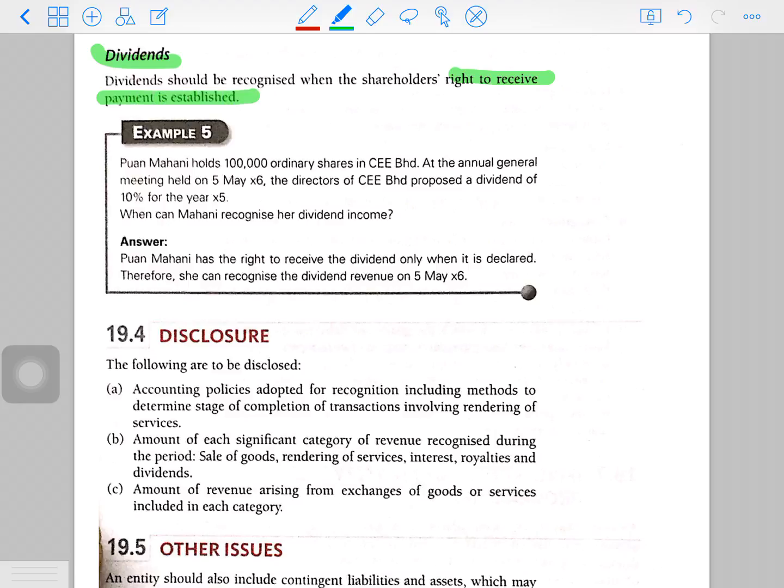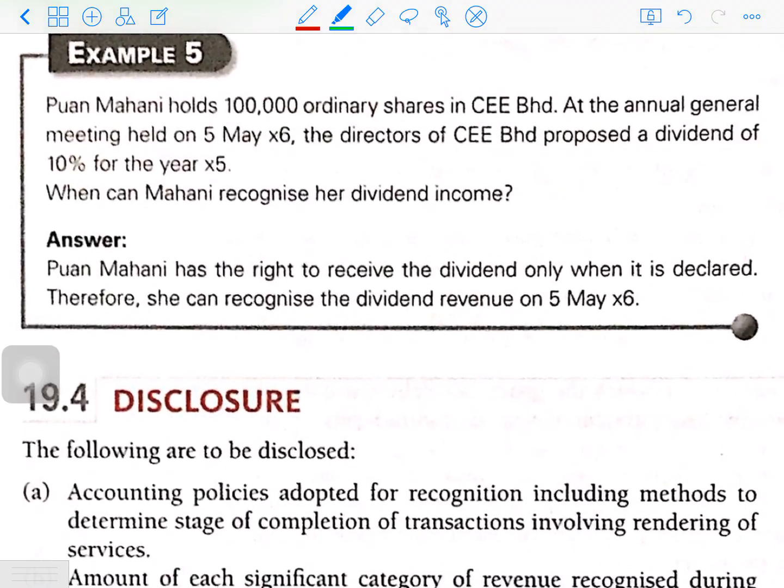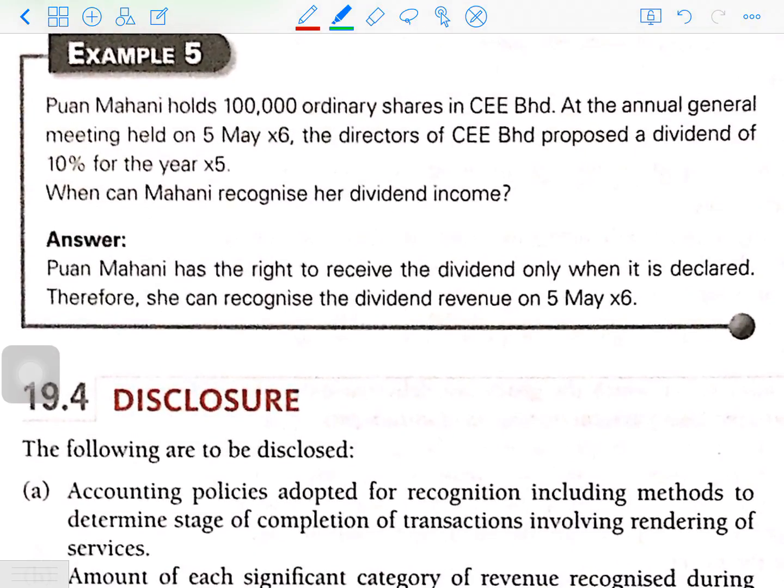Example here: Puan Mahani holds 100,000 ordinary shares in CEE Berhad. At the annual general meeting held on 5th May, directors of CEE proposed a dividend of 10% for the year X5.